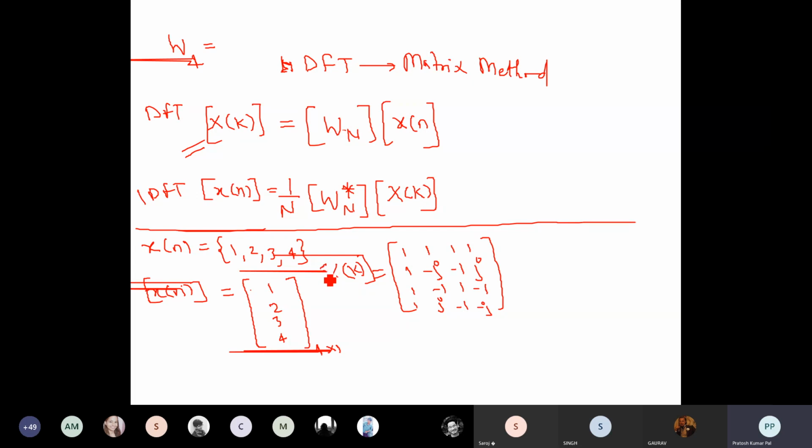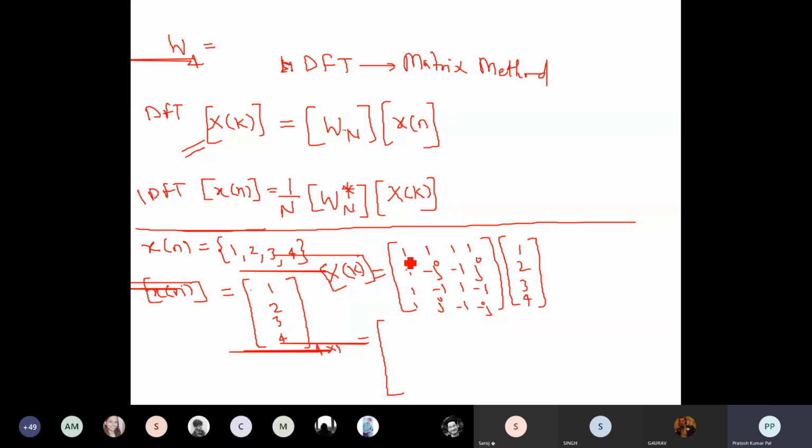So after multiplication we will get the x of k matrix, and that will be equal to W of n multiplied by the input matrix, that is 1, 2, 3 and 4. Okay, so from there we will get this.